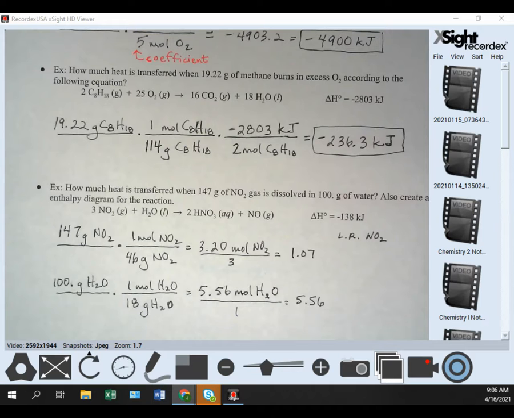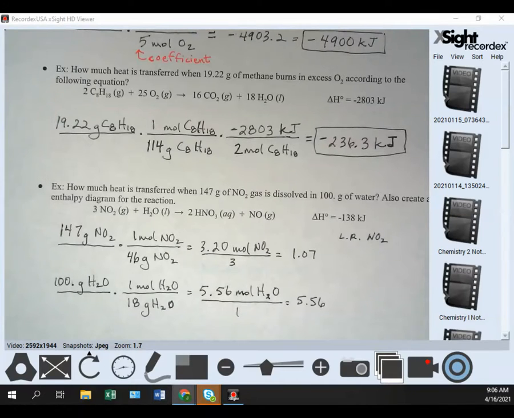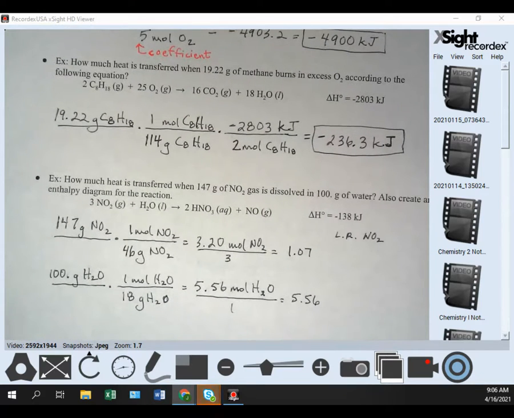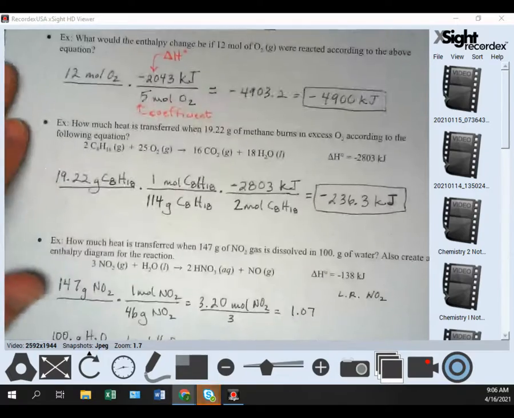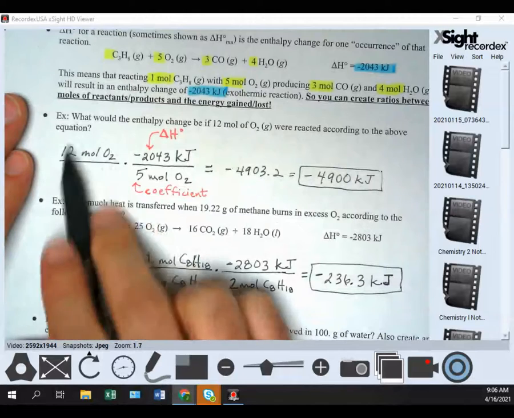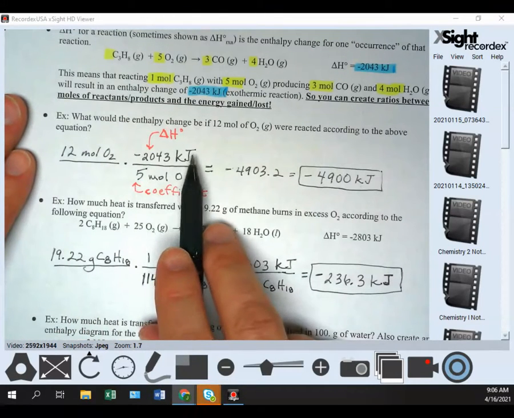Once we know the limiting reactant, that's the one that we're going to turn into energy to find out how much energy, right? Now, if I grab a piece of scratch paper here. Okay. So if I look up here, when we had moles of something and we wanted to find the energy, we went from moles to kilojoules of that, right?